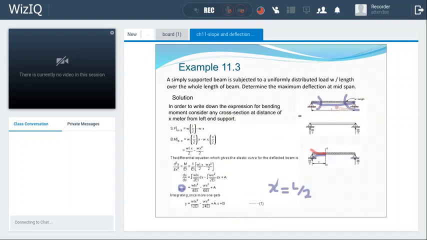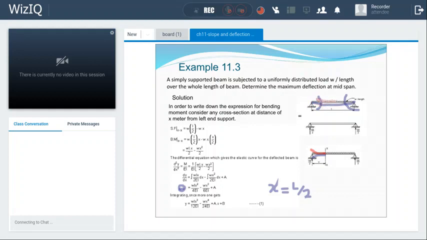Maximum slope will be at the supports here. So in this equation, if I substitute x is equal to 0, I will get slope at A, and if I substitute x is equal to L, I will get slope at B. So theta A and theta B can be calculated at these 2 points.